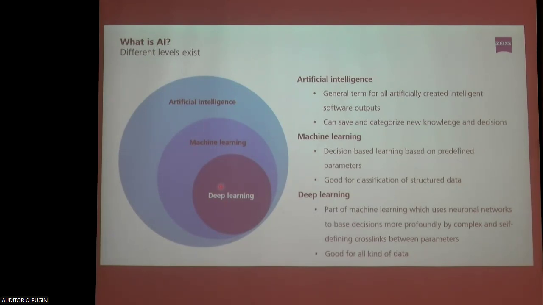You ask the software to make a decision based on specific algorithms, and then the machine basically learns to make a decision about something. Is this maybe a hand of a human or a hand of a monkey? And then the system learns based on certain parameters. And if you allow the machine to make individual or kind of random crosslinks between the different algorithms, so basically you enable it to think by itself, so maybe I have 2 more loops in this direction, 3 like this, but completely randomly, then we call that deep learning.